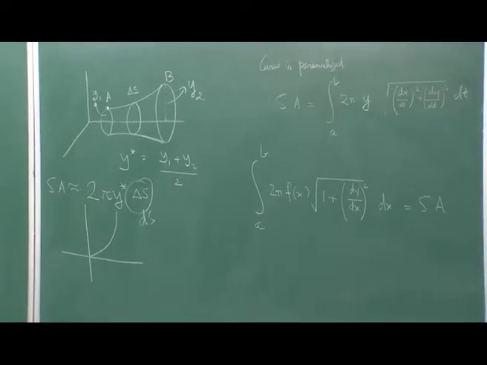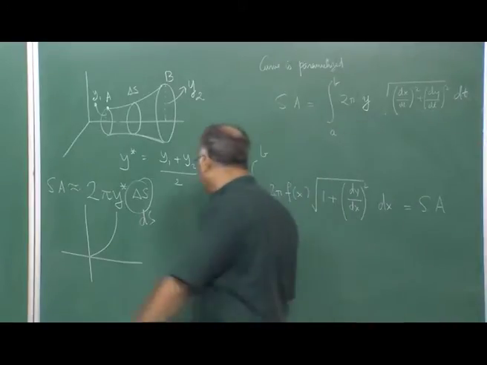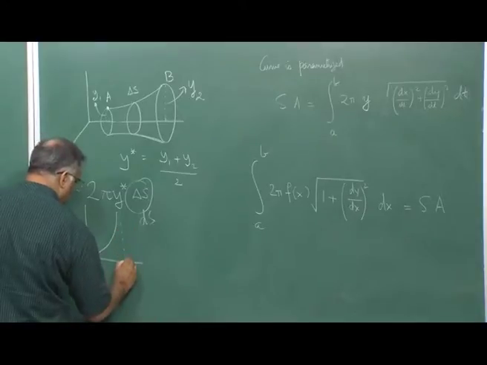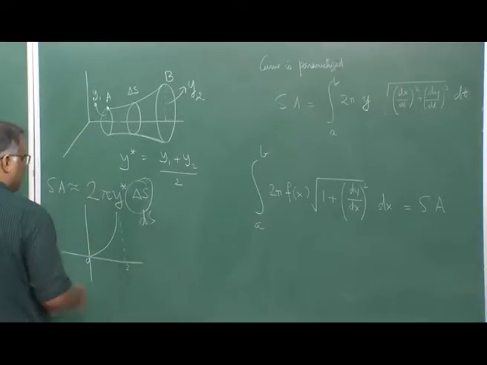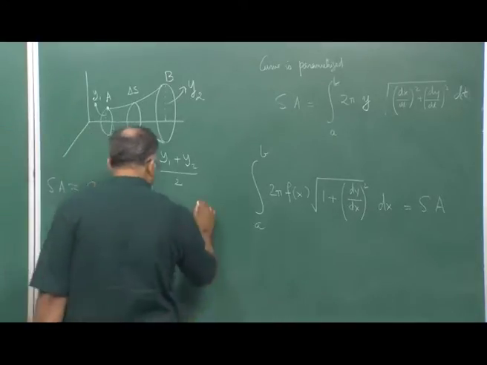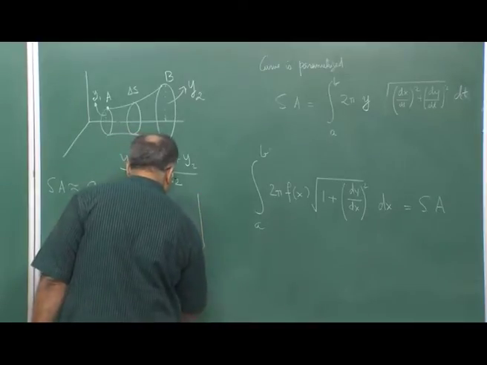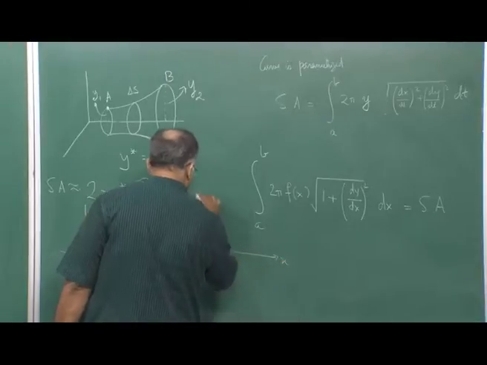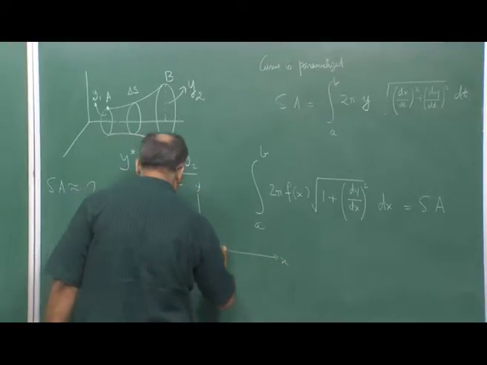I am trying to find the surface area when x is between 0 and 2. Basically, now what I am doing is rotating about the x axis. If I rotate about the x axis, this is x, this is y, the surface area would look like some funnel.